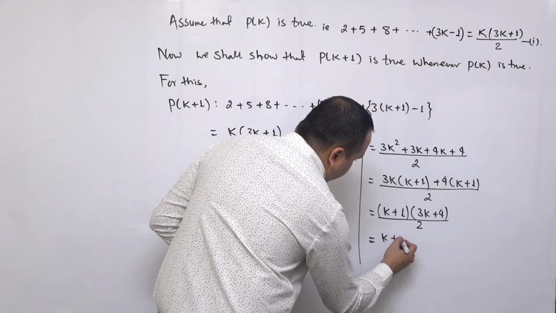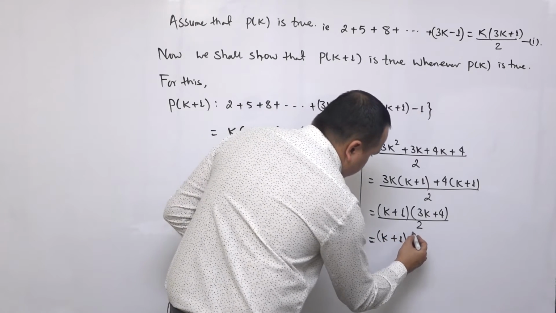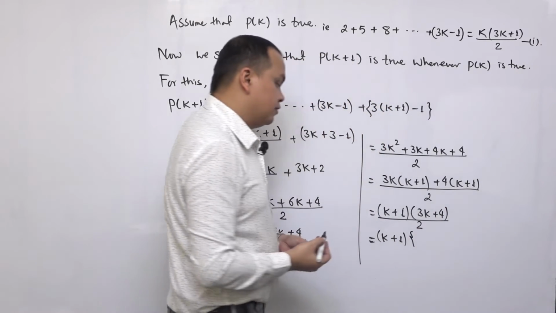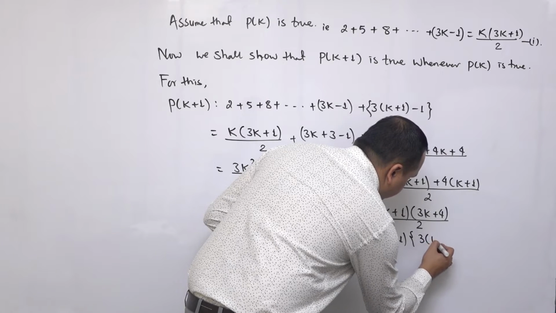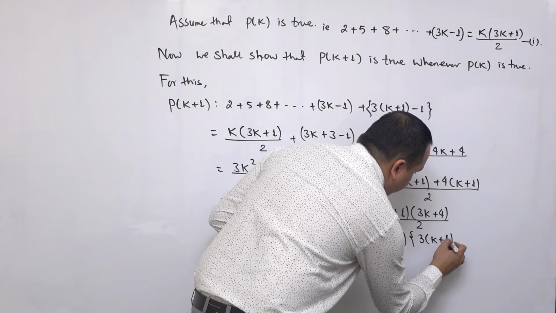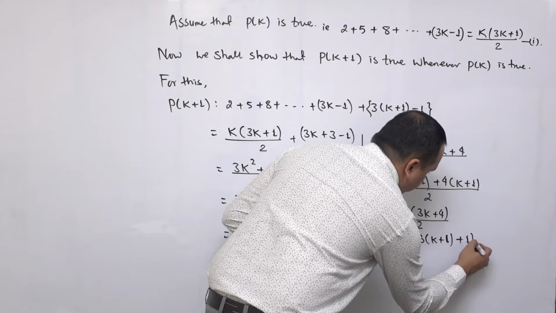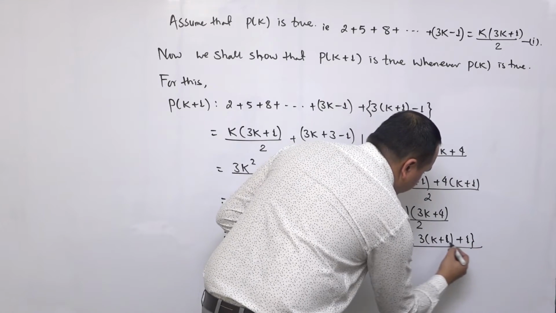The k plus 1, and here 3k plus 4 can be written as 3 times of k plus 1 plus 1, divided by 2.